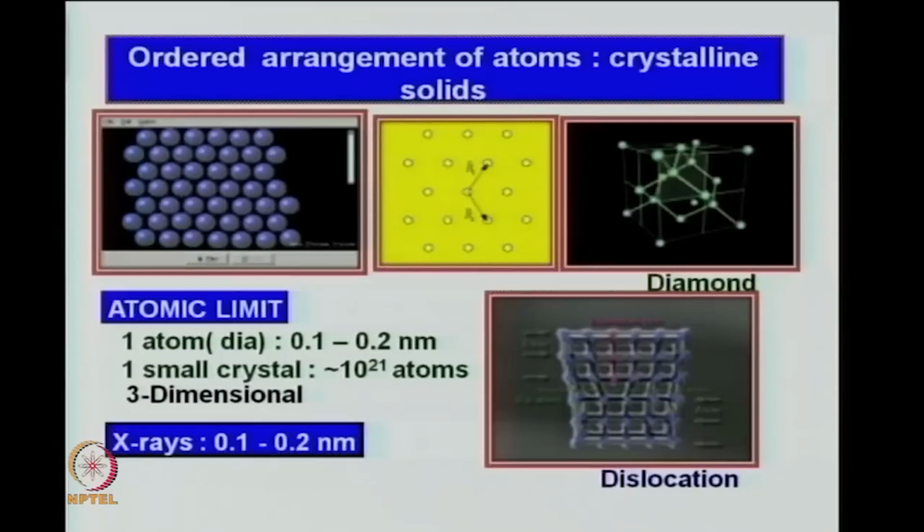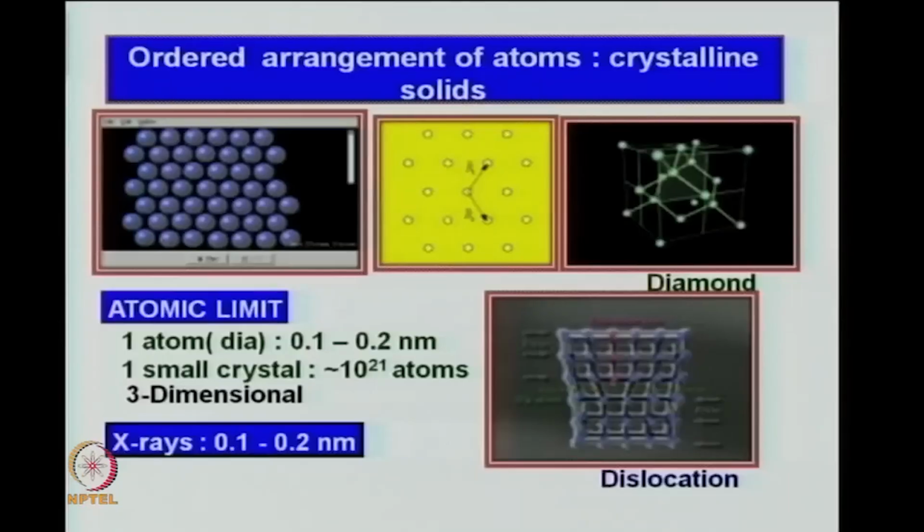For that we normally use X-rays, because X-rays have a wavelength of the order of 1 to 2 angstroms. Using these X-rays we can observe structures like diamond or graphite, or we can observe changes in the patterns of the arrangement of atoms, like a dislocation, where atoms have moved from their original positions.